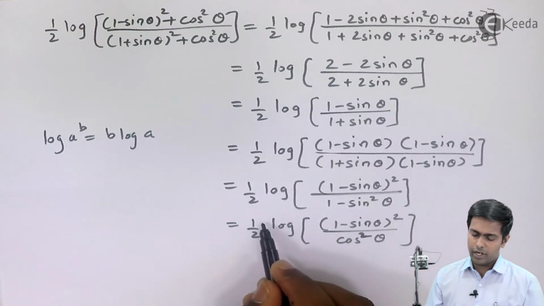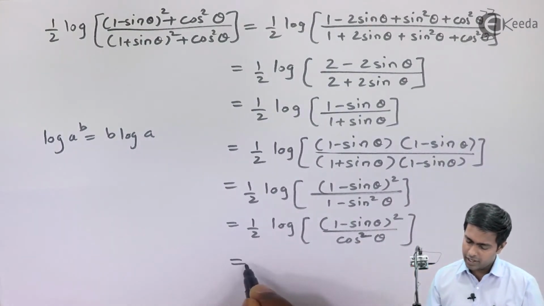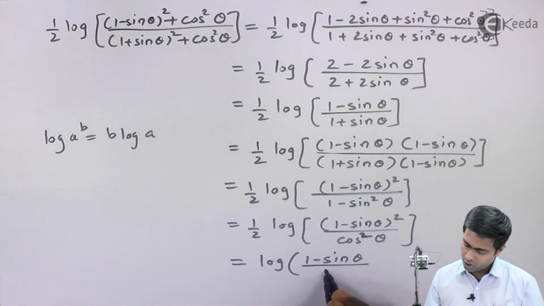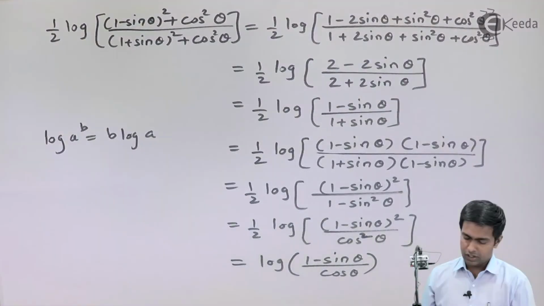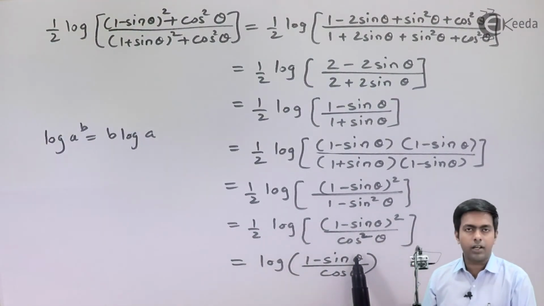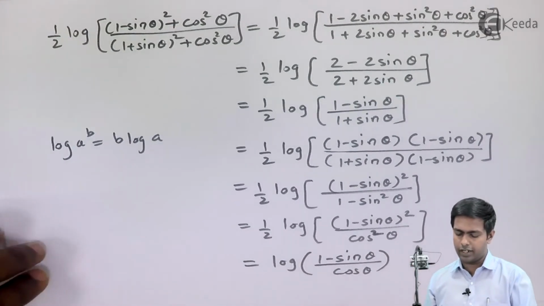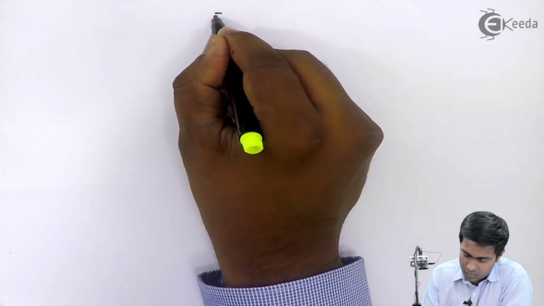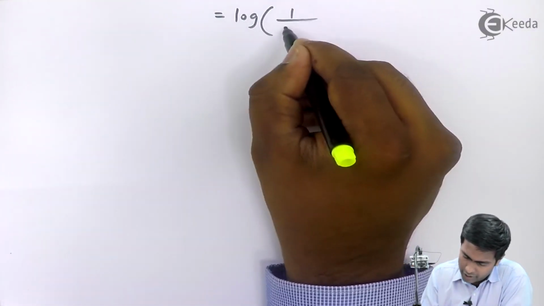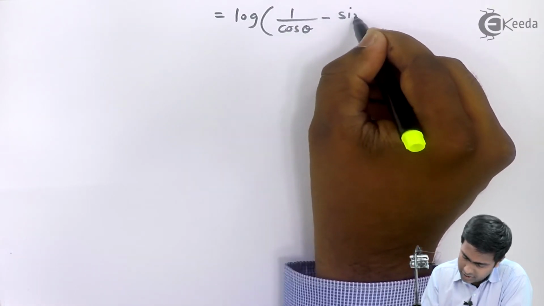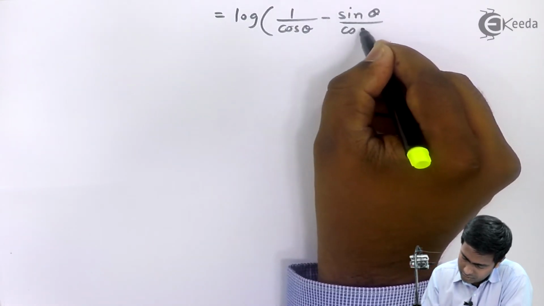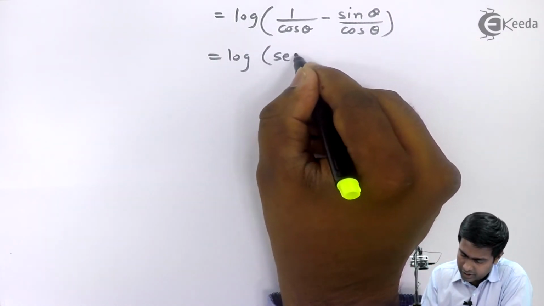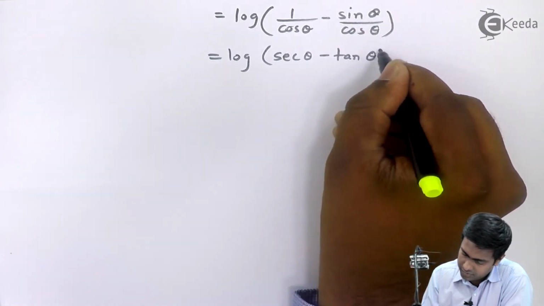So that 2 into half will be cancelled and we'll get log of 1 minus sin theta upon cos theta. Now after dividing this numerator by this cos theta separately, we will get the value as log of 1 by cos theta minus sin theta by cos theta, and this will give me sec theta minus tan theta.